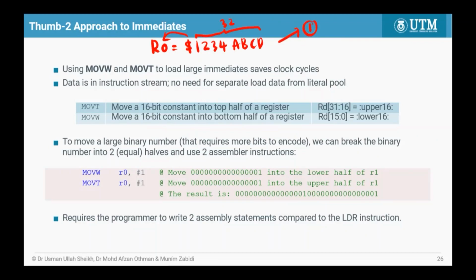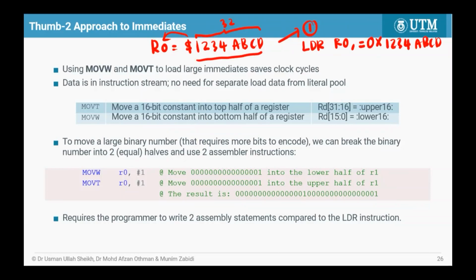The first way is by using the LDR: LDR R0, =0x1234ABCD. This is the first solution to put this value to your R0.